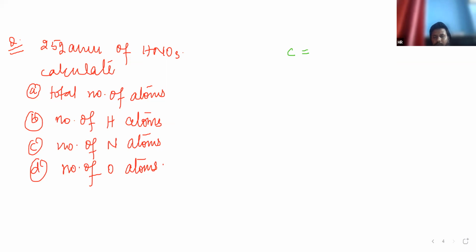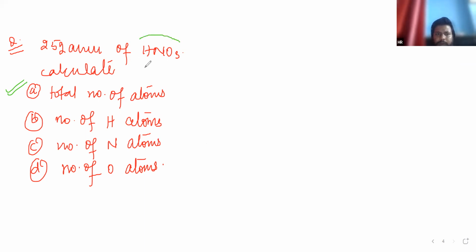Not all. Okay, I will explain how to solve it. Basically, we need to know the atomic mass from at least 1 to 20. In exams, most probably atomic masses are given.